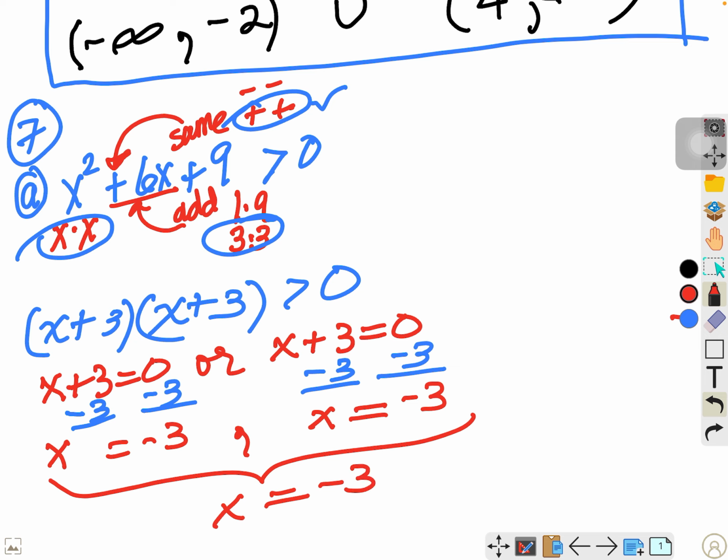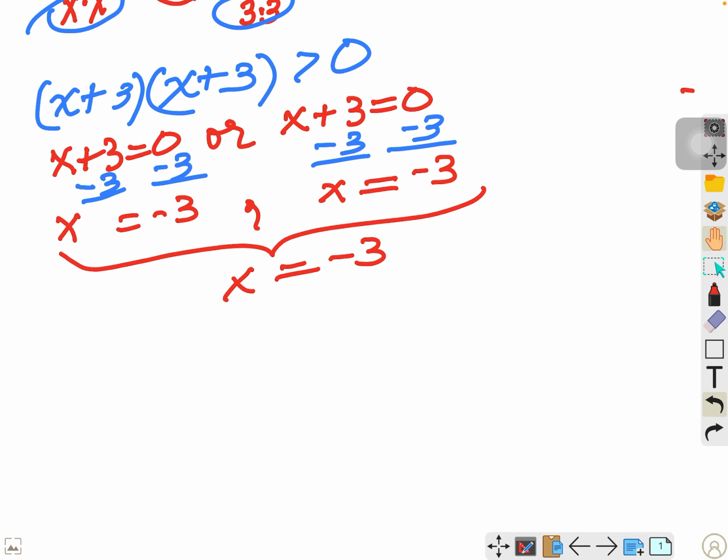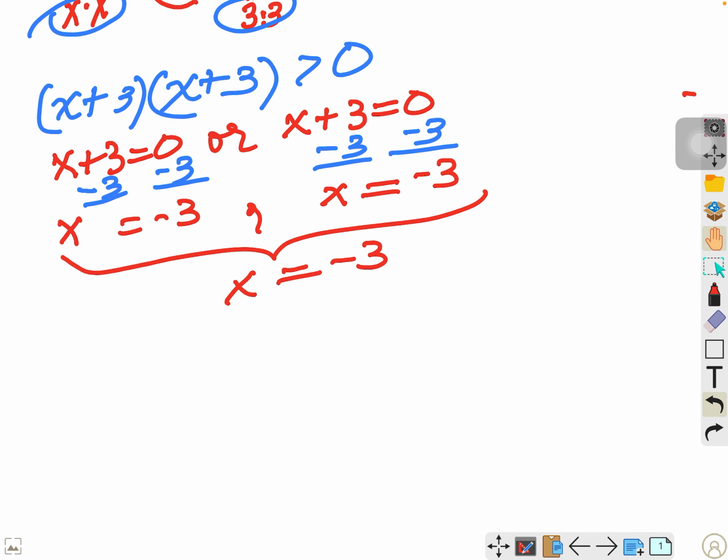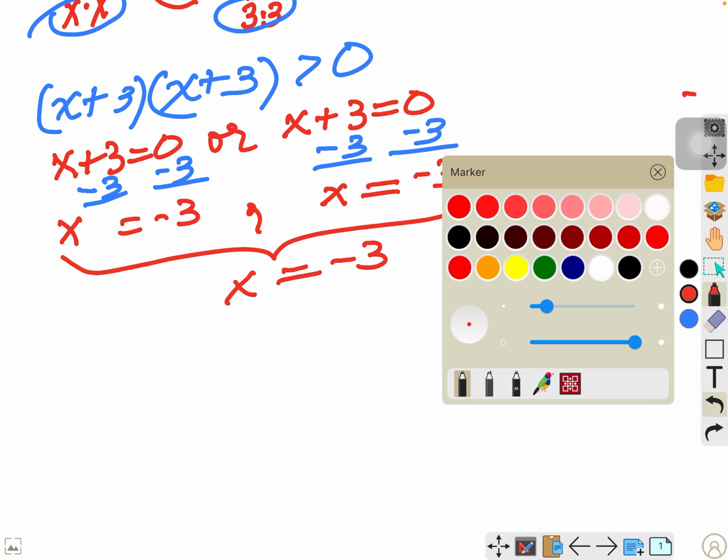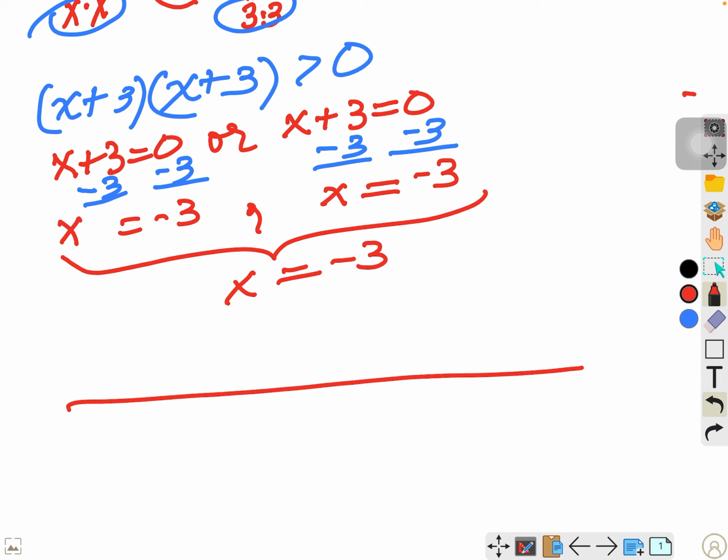So because we only have one critical value, the number line is going to be divided in 2 around -3. And so there's no equal to present here, so the endpoint will be open.